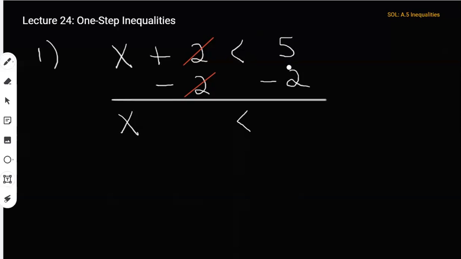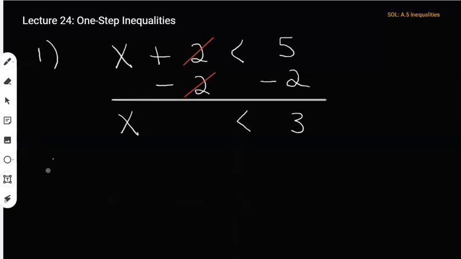And then on the right side, I have 5 minus 2. That's going to give me 3. So my answer is going to be x is less than 3. So any number less than 3 is going to work, like 2, 1, 0, things like that.